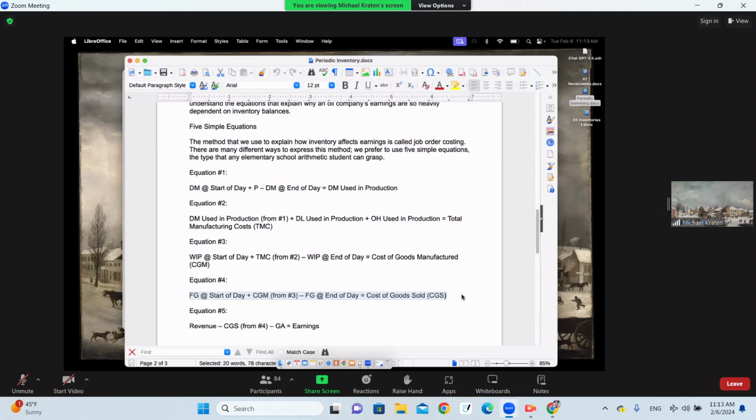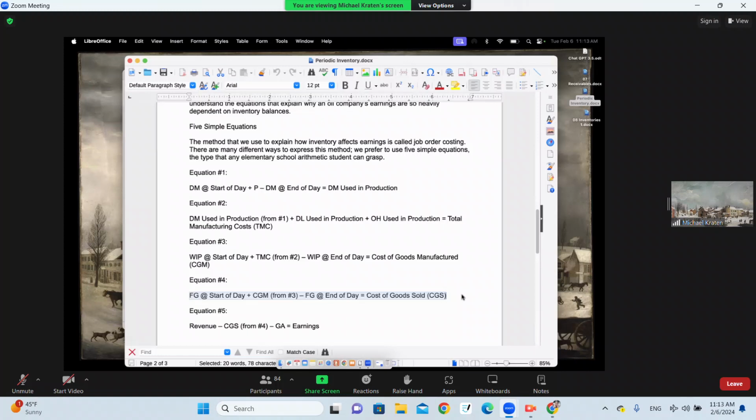So the cost of all the goods that we're selling today equals the cost of the goods that we actually finished yesterday and that are sitting on our shelf at the beginning of today waiting to be sold. Plus, we're then going to start selling today all of the goods that we're finishing for sale today.